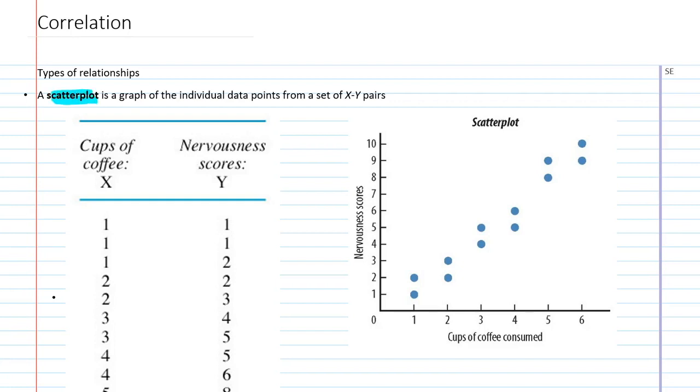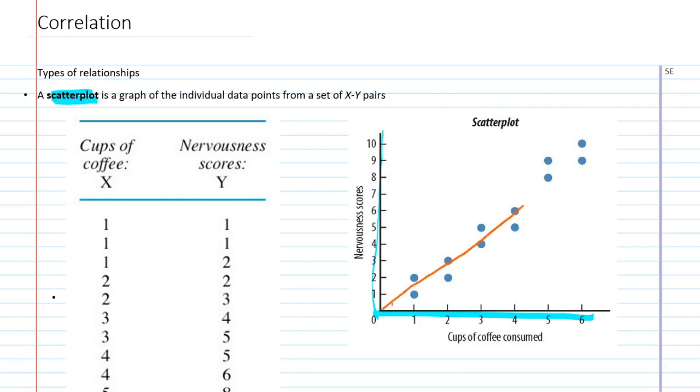So a scatter plot is just your regular graph that has a y and x-axis, and then the dots are the data points from the x-y pairs. So if there is a relationship, then you would be able to draw a line.